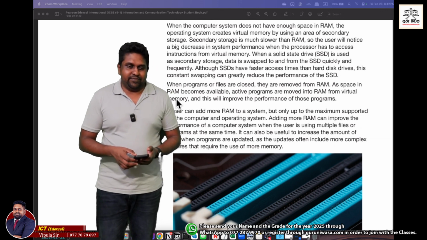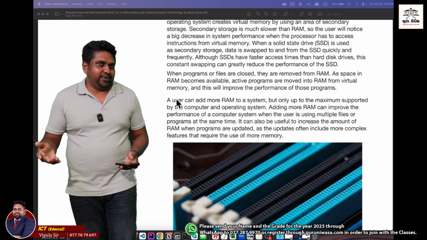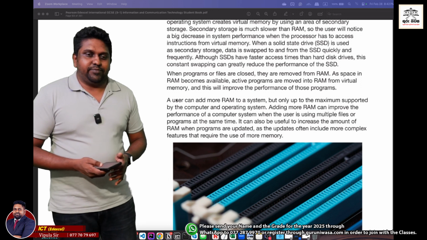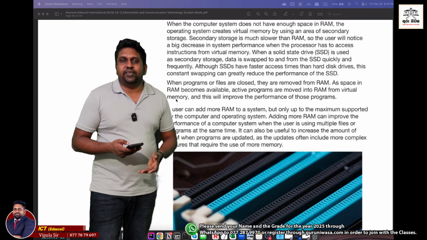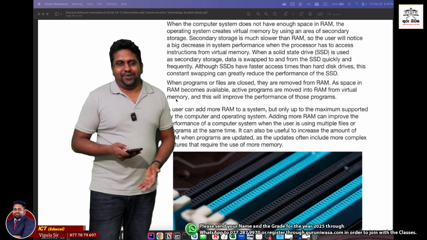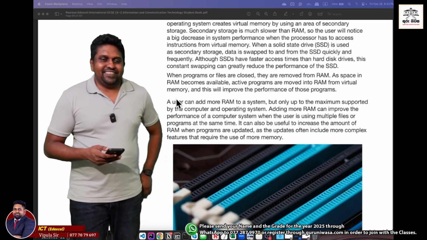Those are server machines. We don't technically buy that, but that means you can add at least about 100 and close to about 200 gigabytes of RAM if you want. So that's about RAM.